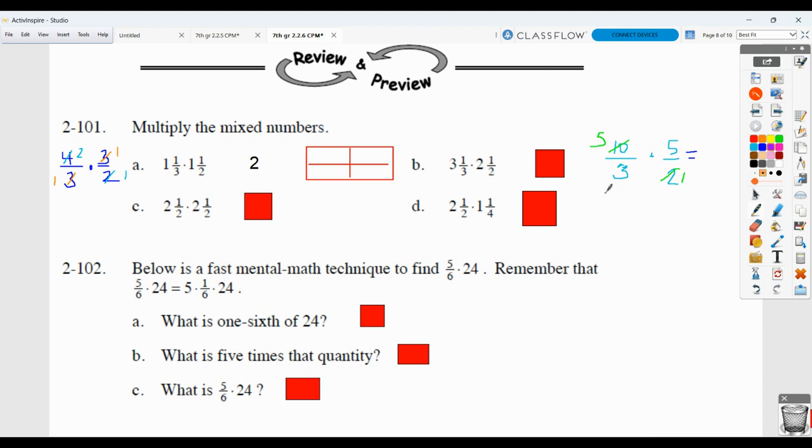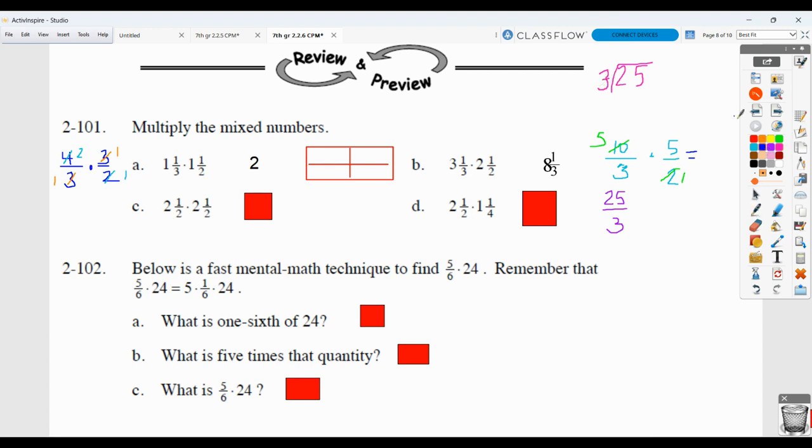Either way, your answer will be a fraction greater than 1, and you'll have to convert that to a mixed number. So that's going to be 8 1/3. Again, if you've forgotten how to do that, you're taking the numerator divided by the denominator. How many times does 3 go into 25?